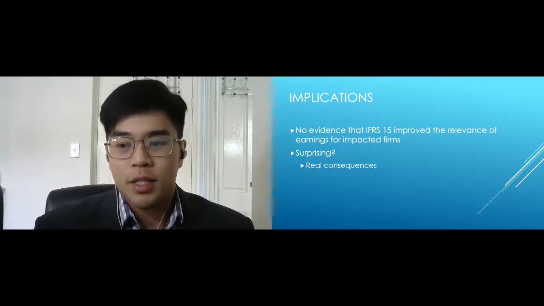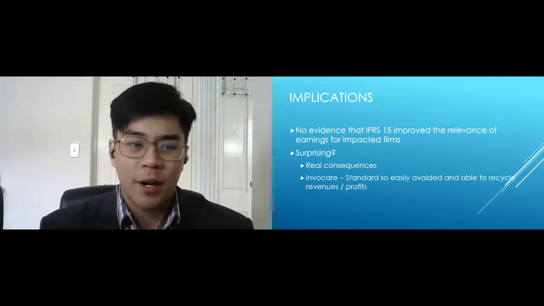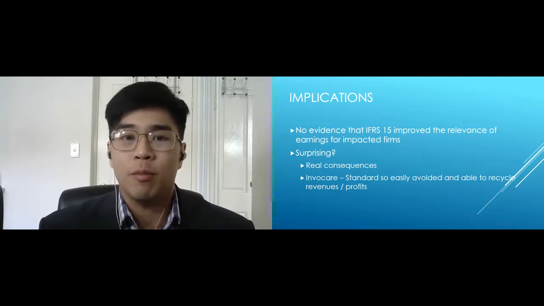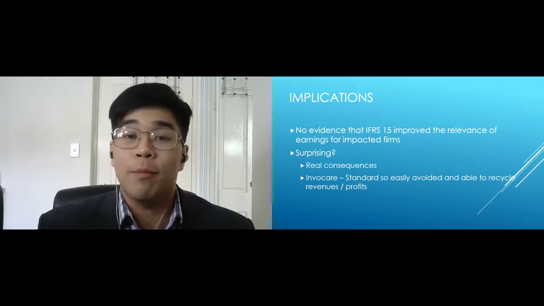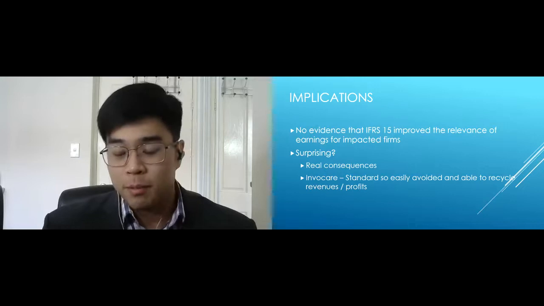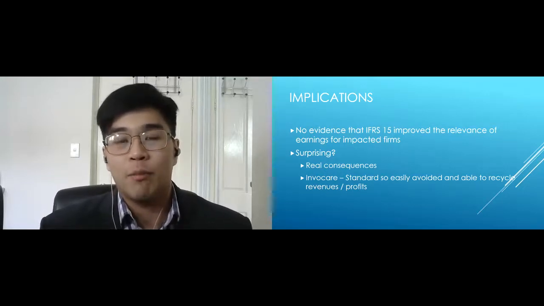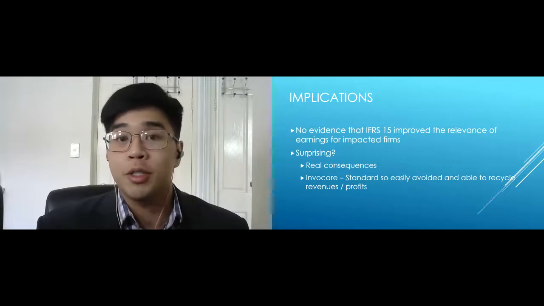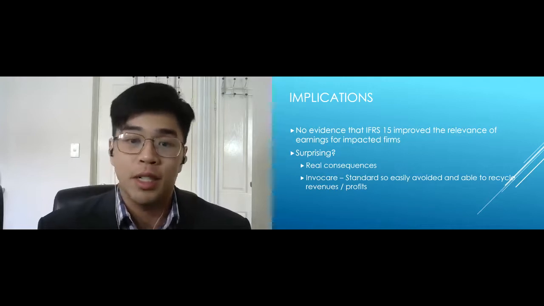One example of such a firm is InvoCare, where under the old revenue standard, under their contracts, they were able to identify their revenue upfront. With IFRS 15, though, and just to be clear, InvoCare was a firm that had to reduce their opening retained earnings, but they used the reduced disclosure method, or in other words, the cumulative approach.